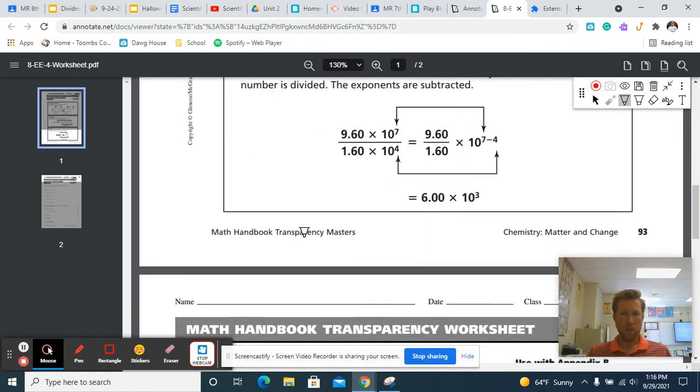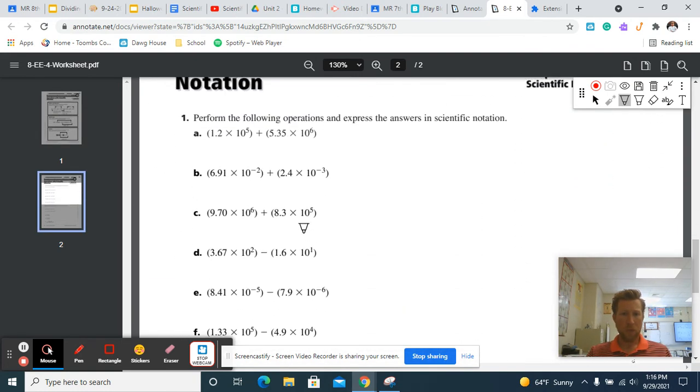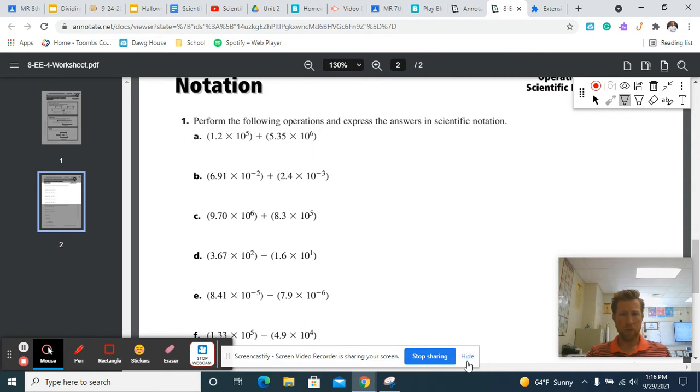Okay, so I'm going to scroll on down, and we're going to take a look at some of these examples right here. And we've got this first problem. We are going to make our larger number the same as the smaller number. So I like to make the 6 right here into a 5. And if I do that, I've got to move it one space.